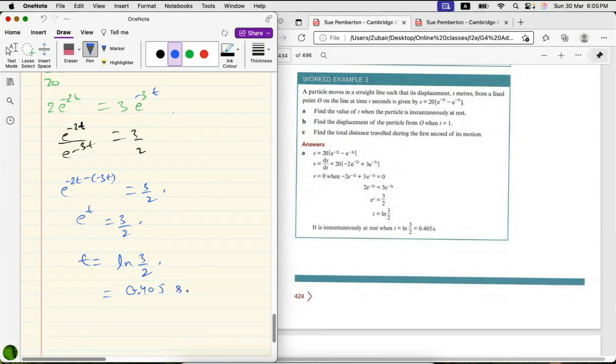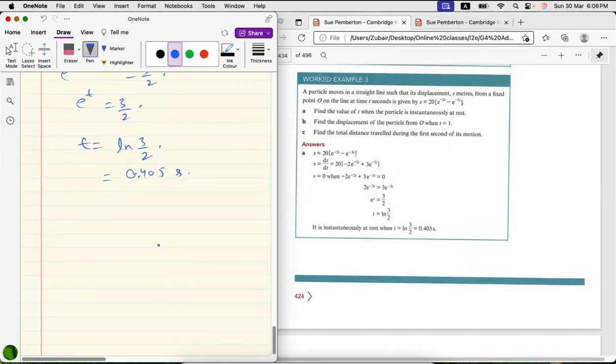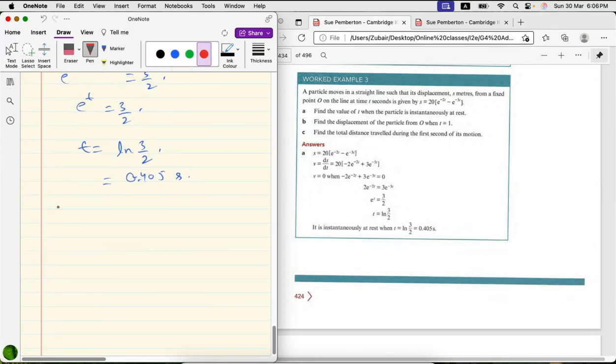That is 0.405 seconds. B part says find the displacement of the particle from O when t is equal to 1. So we already have the equation of displacement. This is not the distance, that's displacement. So we simply substitute. s is equal to 20 e raised to power minus 2t minus e raised to power minus 3t.